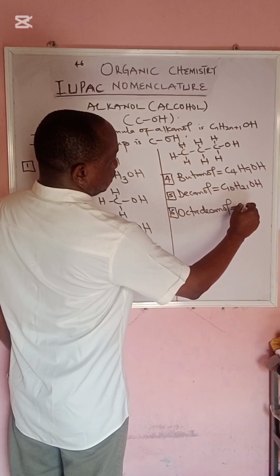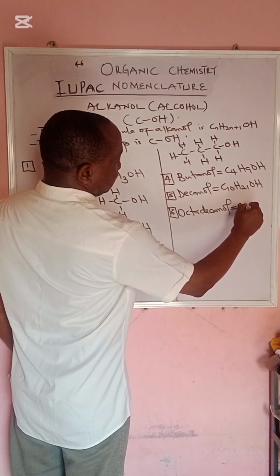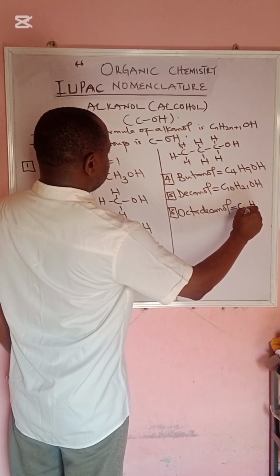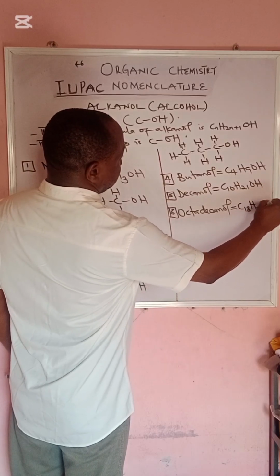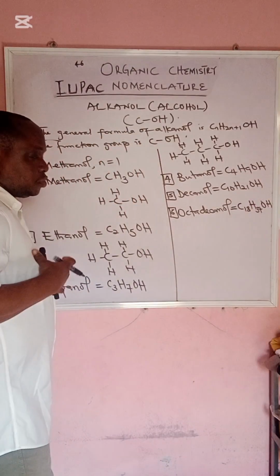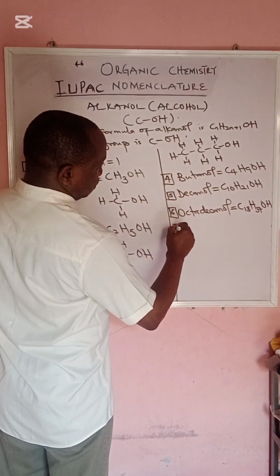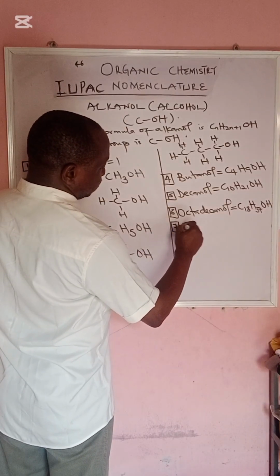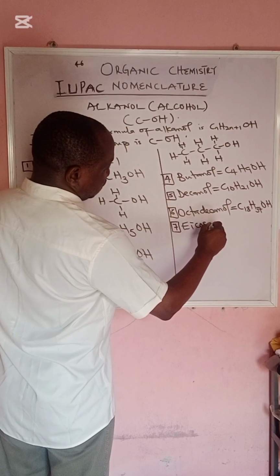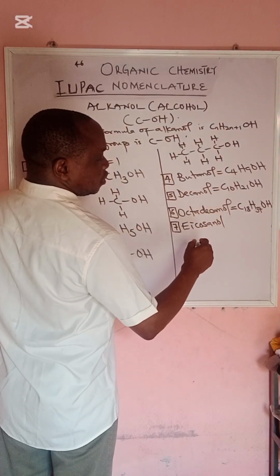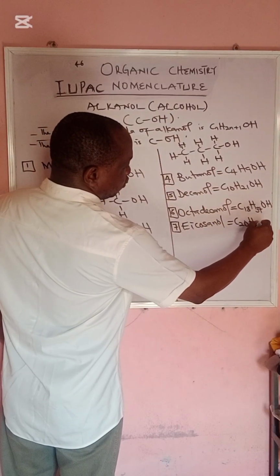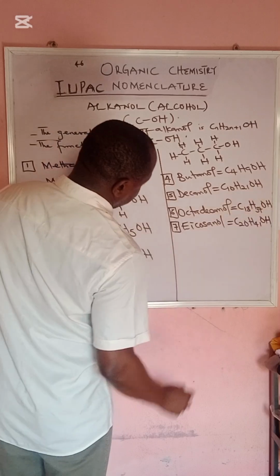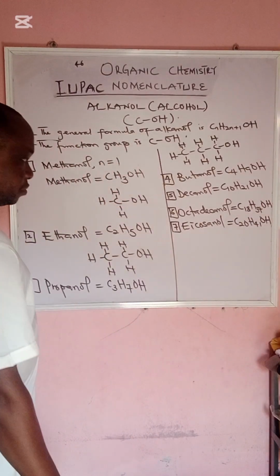So we see C18H37OH. What of eicosanol? Eicosanol. That is 20, C20H41OH, and so on.